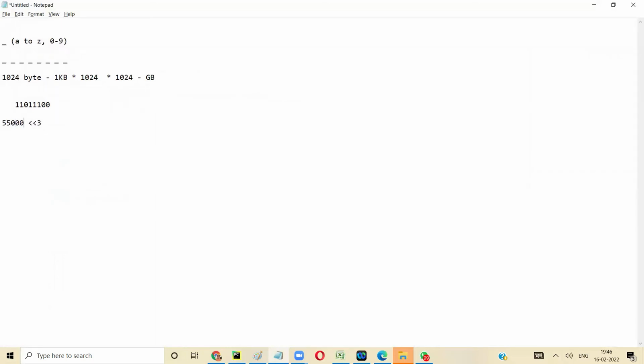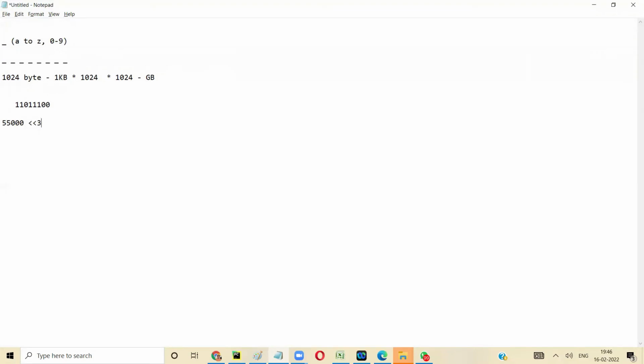In decimal it's 10 into 10 into 10, we don't say 3 into 10 is 30. Similarly here it is into 2 into 2 into 2, that means into 8.